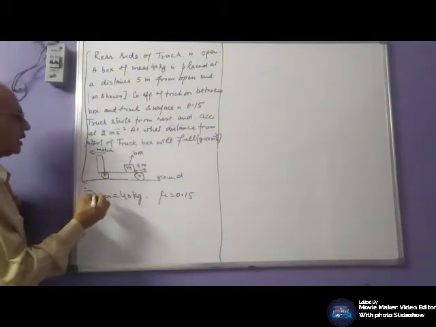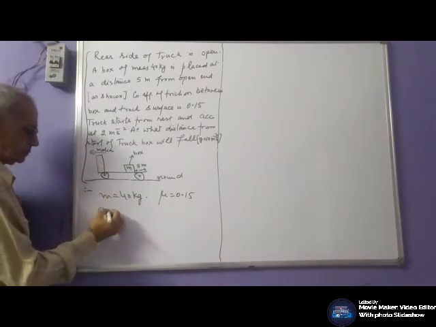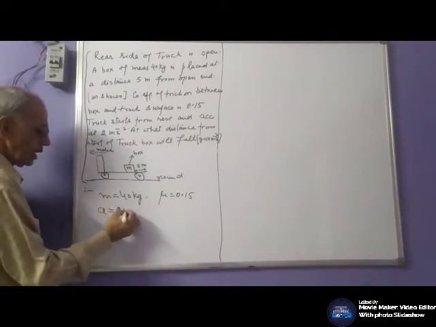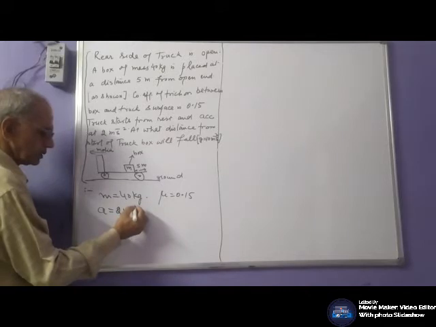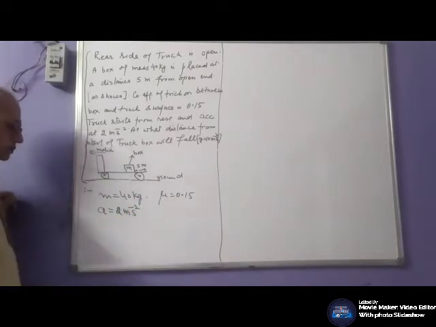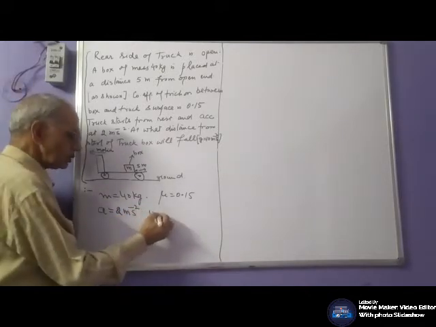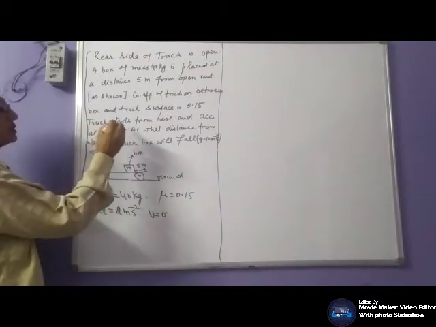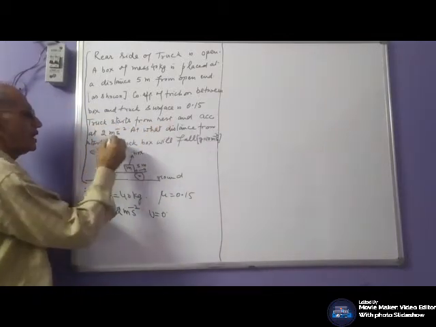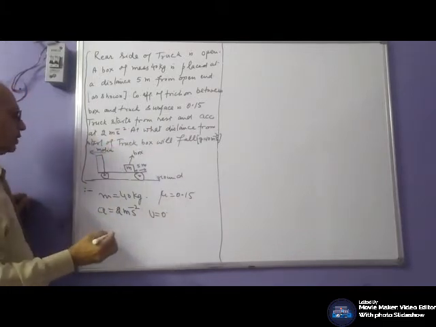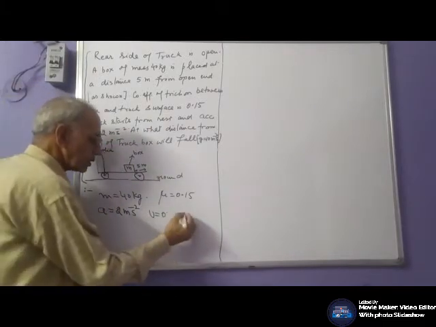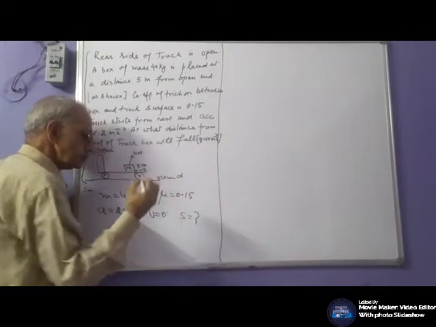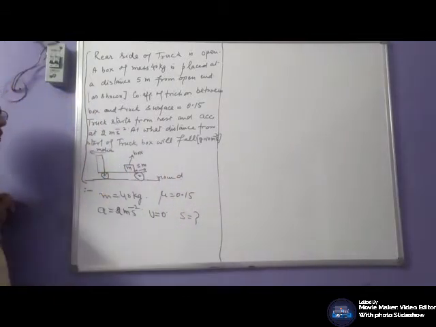The truck accelerates at 2 m/s² from rest. Initial velocity of truck is 0. Truck starts from rest and accelerates at this. At what distance from the start of the truck the box will fall? This is the question.